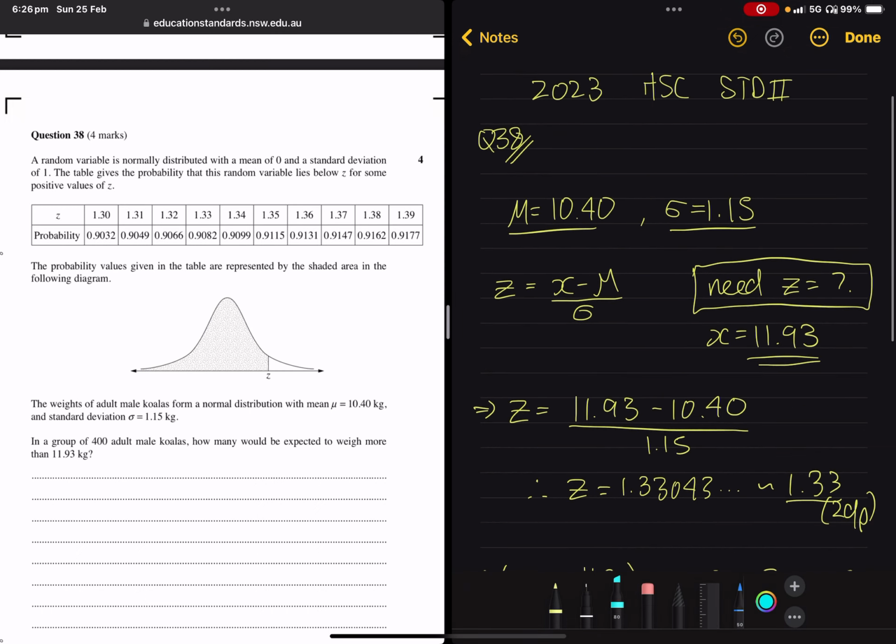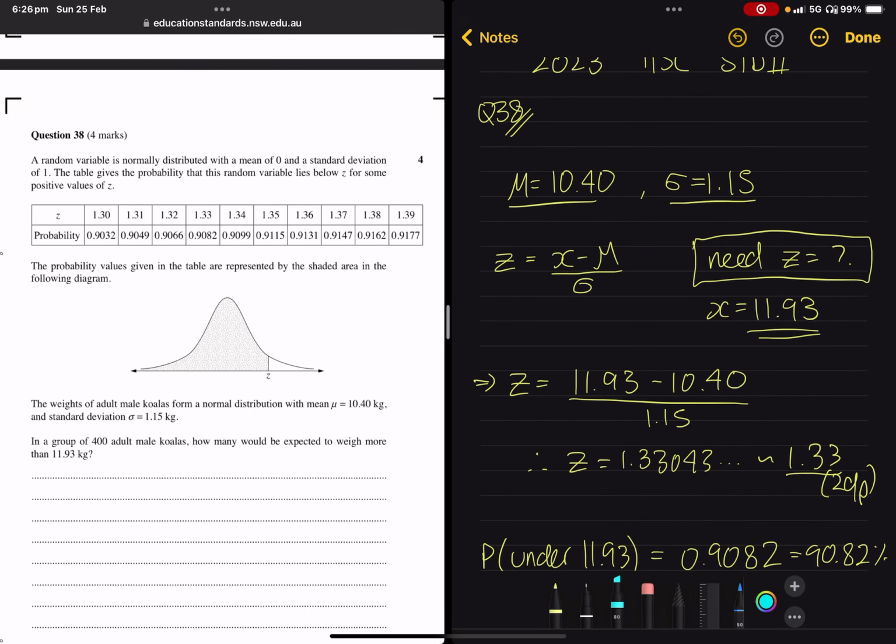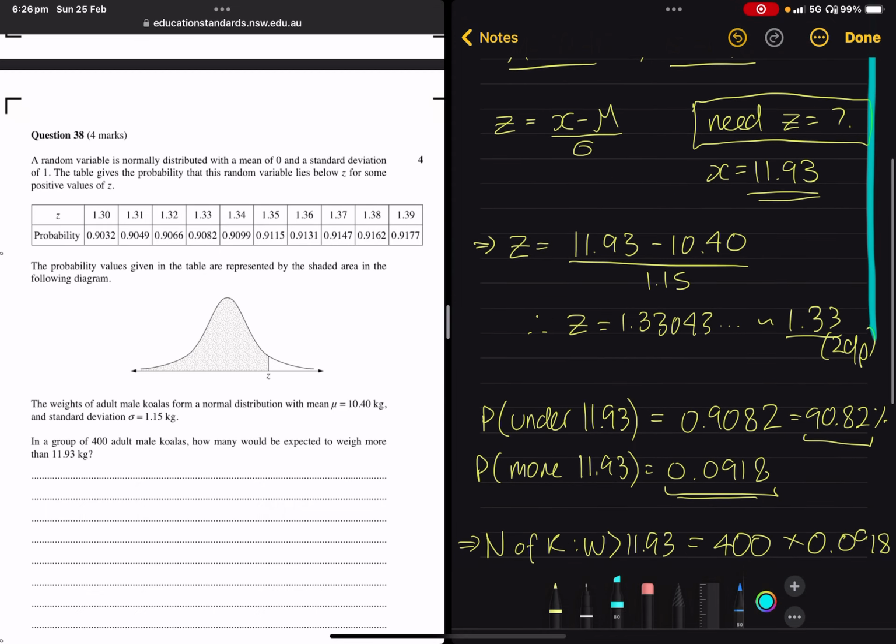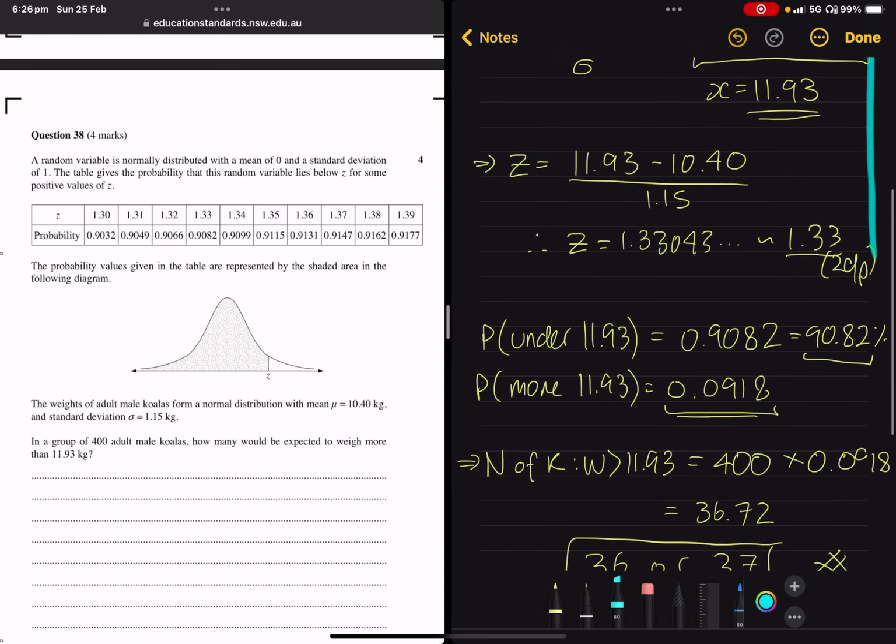So let's talk about the marking. The marking for these questions is a little bit funny because you can do things in the order I've done them, or you can structure this in a slightly different way. You get 1 mark for finding a correct z-score or some equivalent. So if you're able to do a bit of working that gets you towards a z-score or get a correct z-score, that'll be 1 mark. You get a 2nd mark for finding a probability using the table.